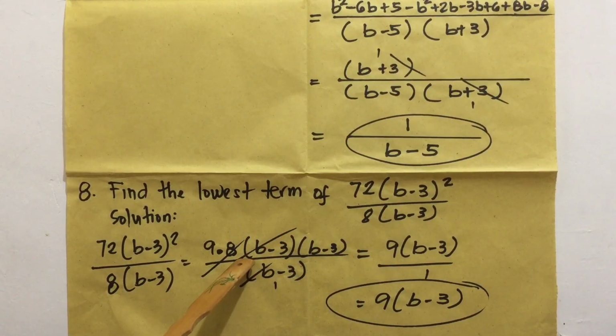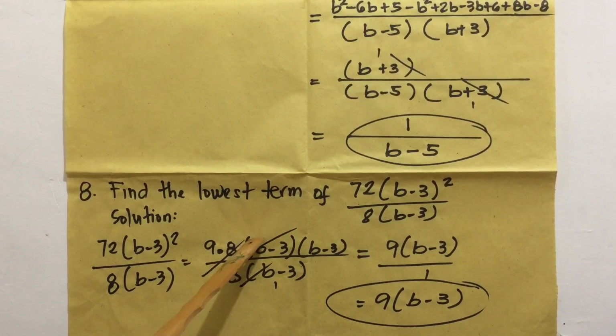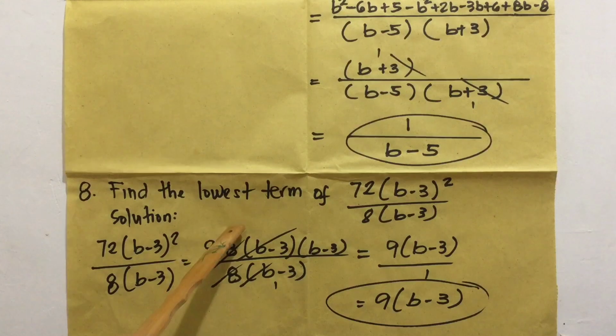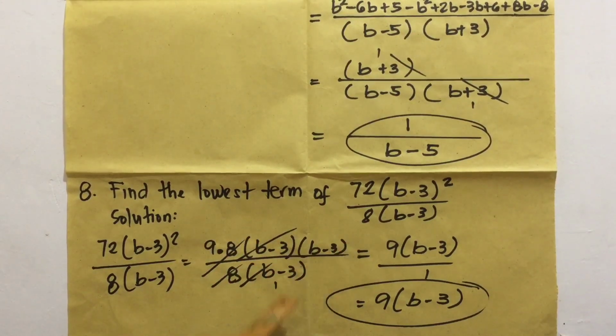And we have to cancel b minus 3 and b minus 3, cancel 8 and 8. So 1, 9 times 1 times 1, then 9 times 1, b minus 3 equals 1. Then over this one, 1. So our answer now is 9 times b minus 3.